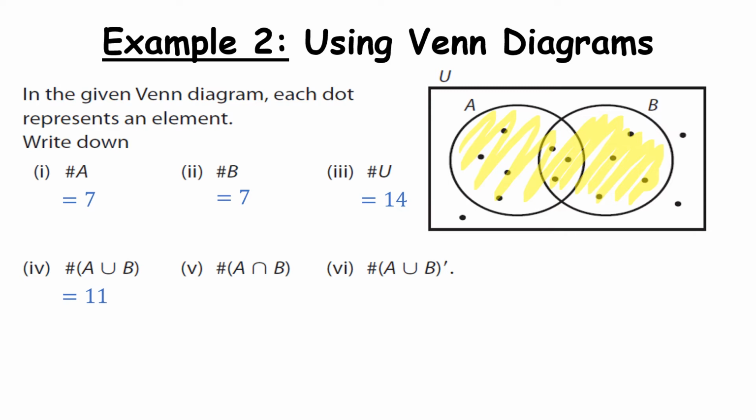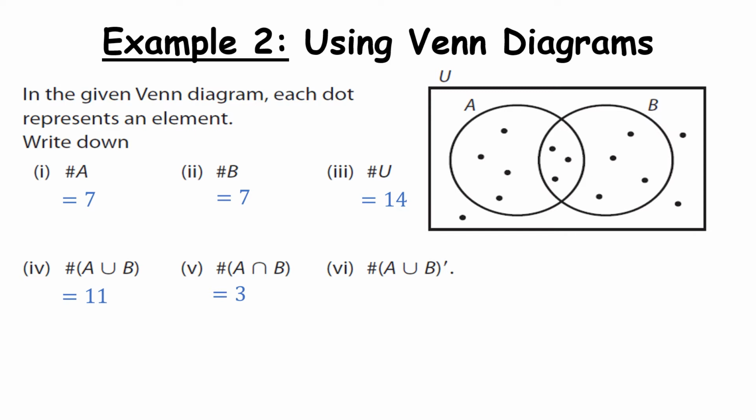The fifth question asks us for the cardinal number of A intersection B, which is where A and B intersect, where they overlap. And in there are 3. And the last question, which is probably the trickiest of all, asks us for the cardinal number of A union B complement. So remember, complement is the opposite.